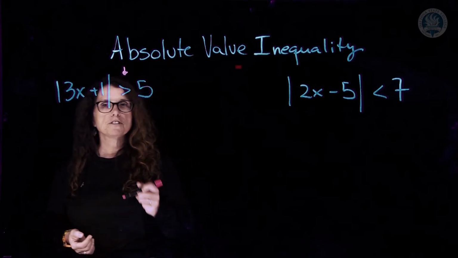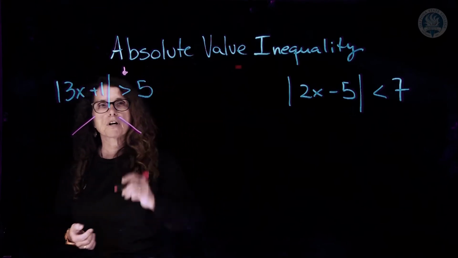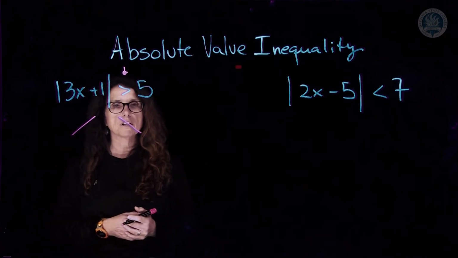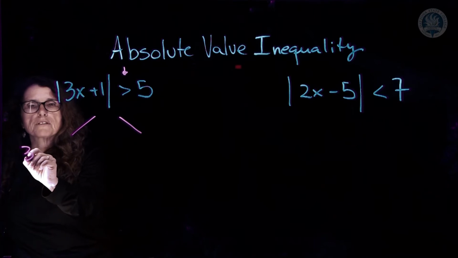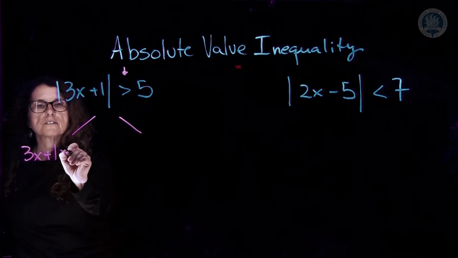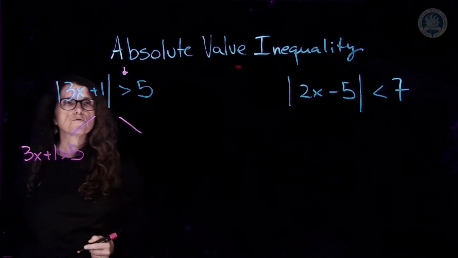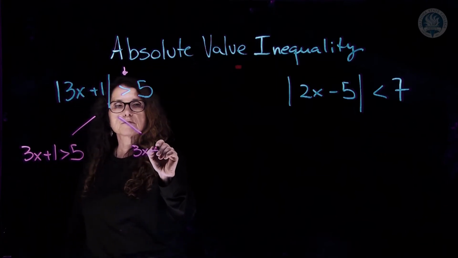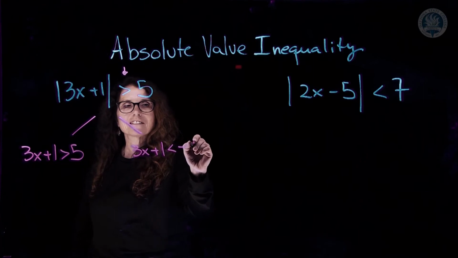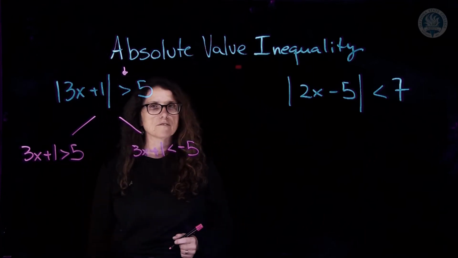Similar to equations, we have to rewrite this problem into two inequalities. The first one would be 3x plus 1 is greater than 5. And the second is 3x plus 1 is less than negative 5.